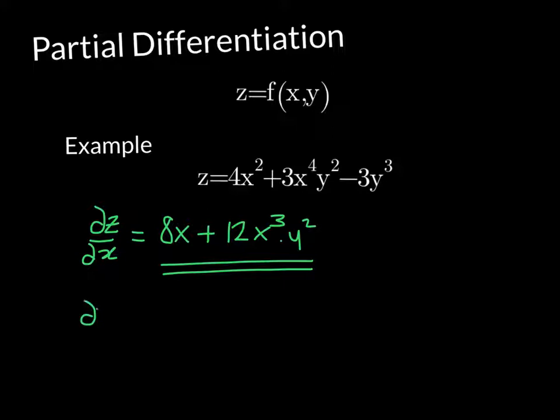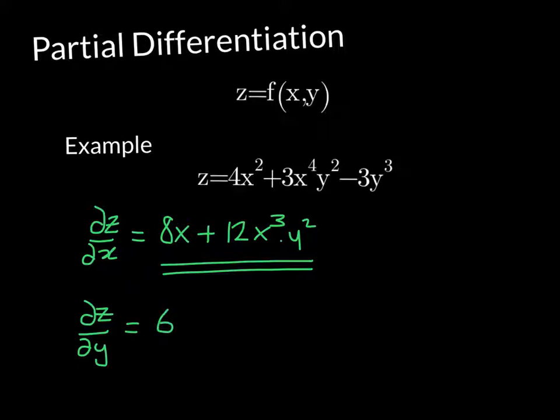What if we want to find the partial differential of z with respect to y? Well, essentially we're going to do the opposite. We're going to differentiate z, but now we're going to keep x as a constant. So if we differentiate the first term with respect to y, we treat x as a constant, so the first term goes to 0. The second term, we have now the 3 is multiplied by 2 to give us 6.